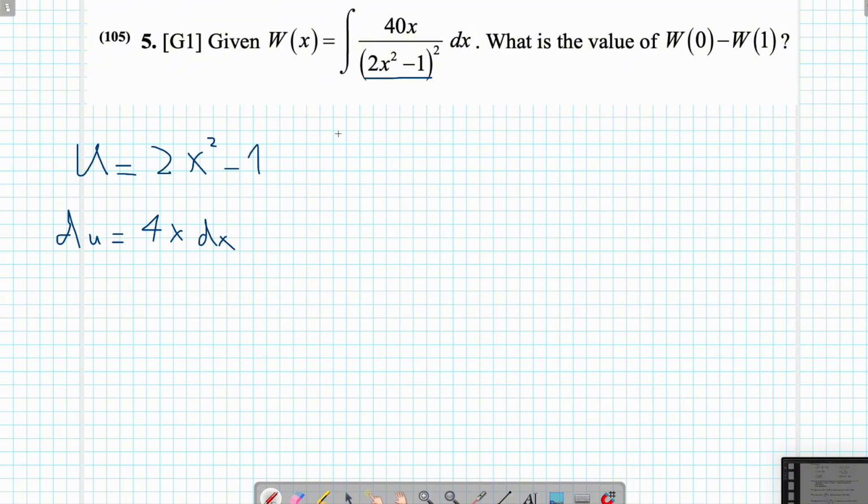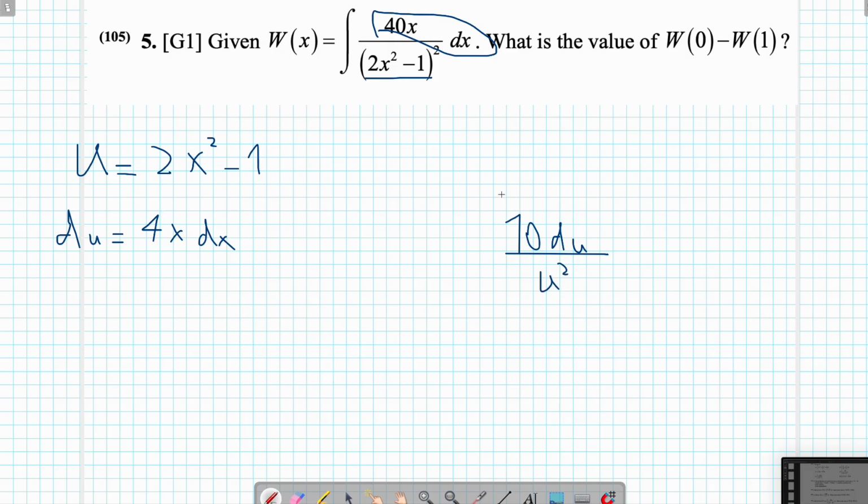So now we'll have 10 du, because here we have 40x dx and 4x dx, which will just make it 10 du over u squared.